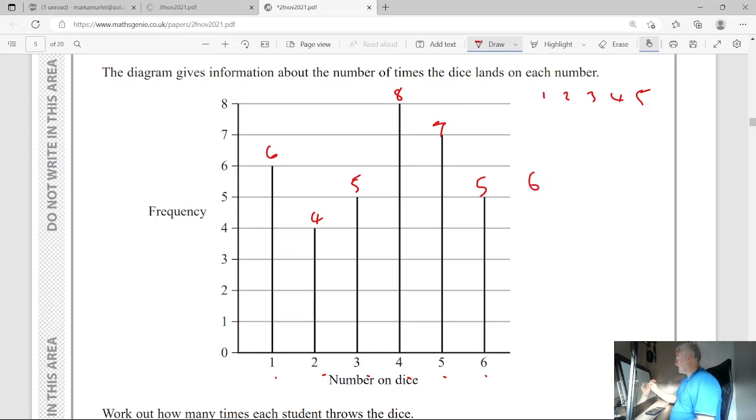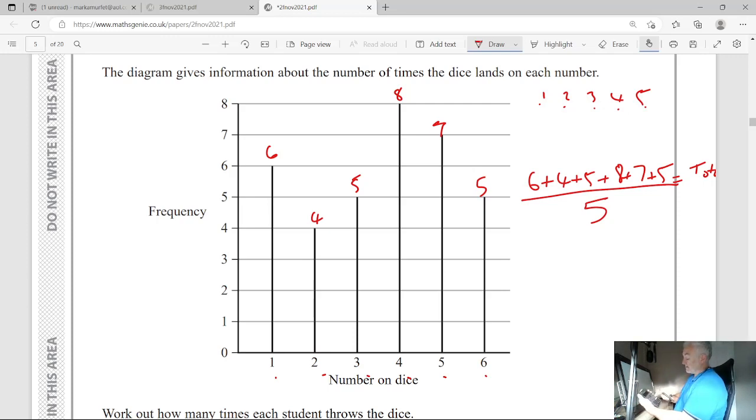So I'm going to add all of those numbers together. 6 plus 4 plus 5 plus 8 plus 7 plus 5 gives me the total. And I'm going to divide that by 5 people. That's the sum I'm going to do into the calculator. If you want to use the fraction key, it's the one on the side there, second button down.